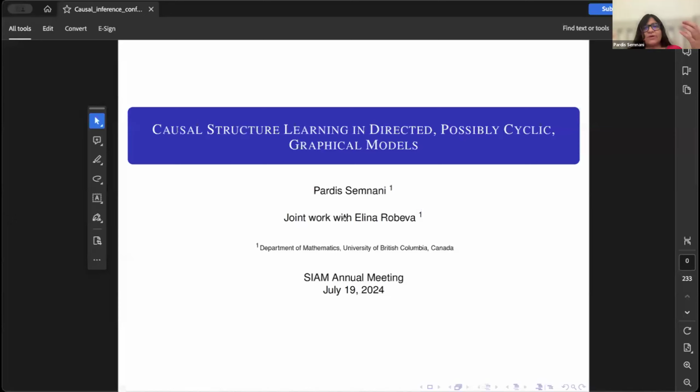A simplifying assumption that many people use is that the causal graph is acyclic, meaning that it doesn't have any directed cycles, or in other words, feedback loops. However, in reality, sometimes these directed cycles or feedback loops do exist. This might happen in gene regulatory networks, in climate science, in economic processes, and so on.